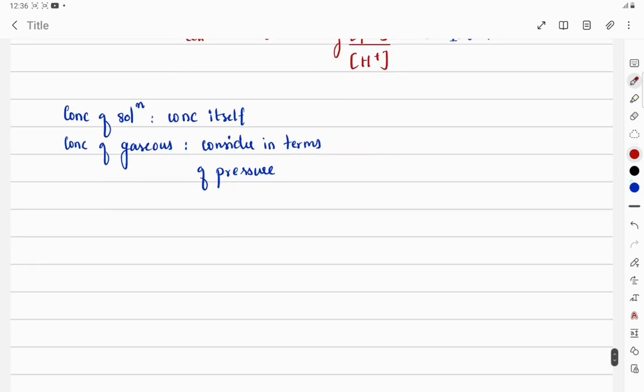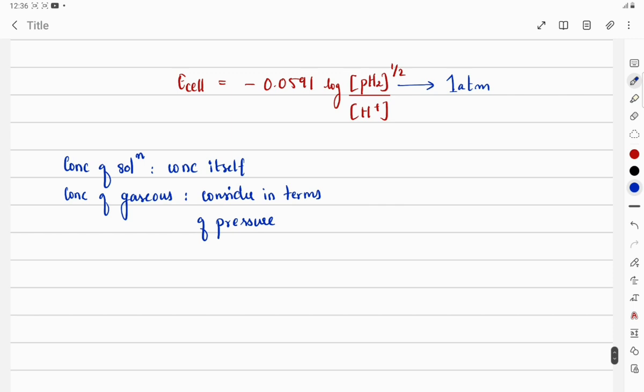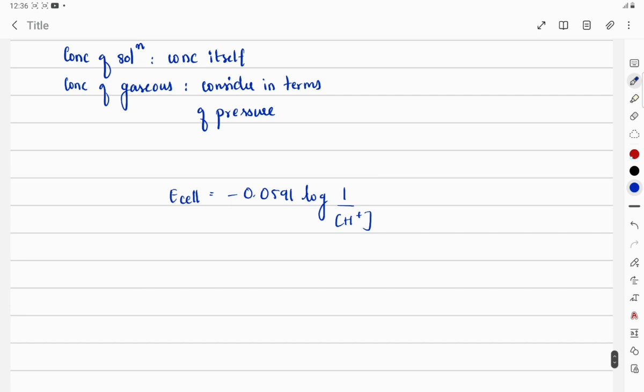If I rewrite it by taking pH2 as 1, I shall have E cell is equal to minus 0.0591 log 1 divided by the concentration of H plus. But I know that log 1 by x can be written as minus log x, right?